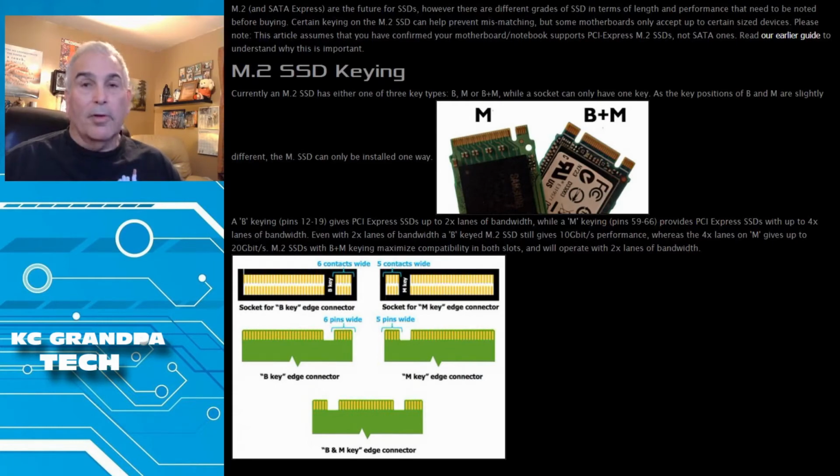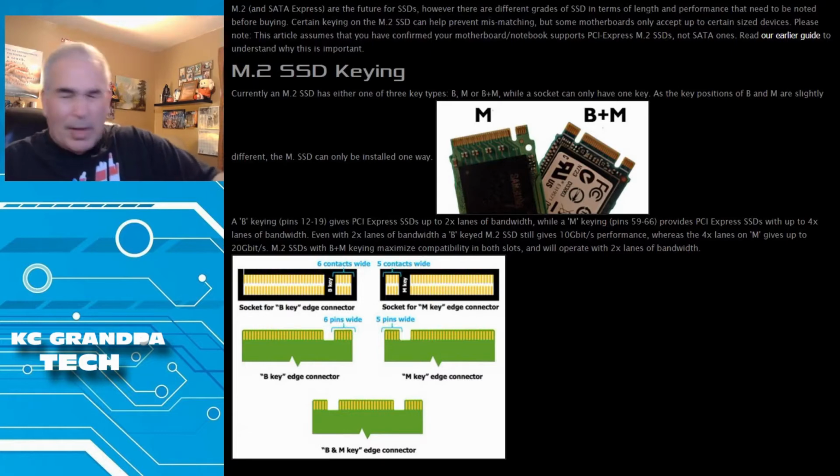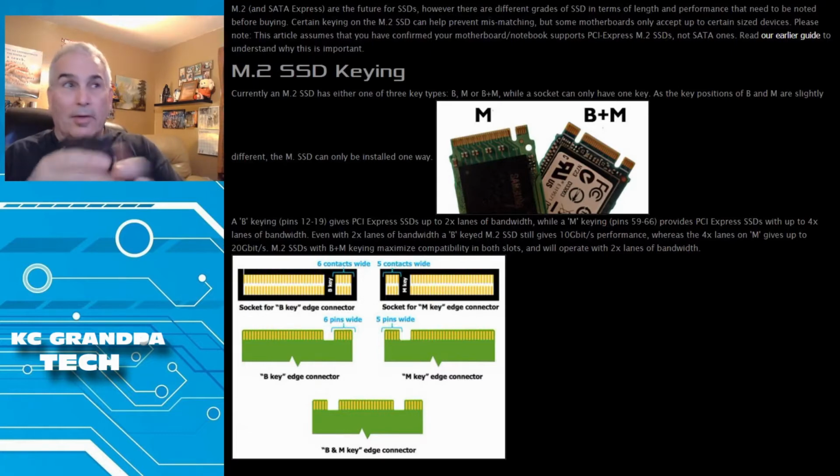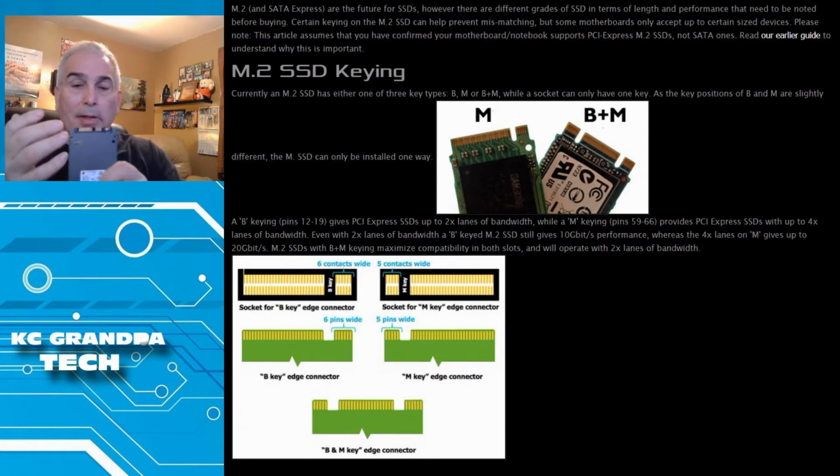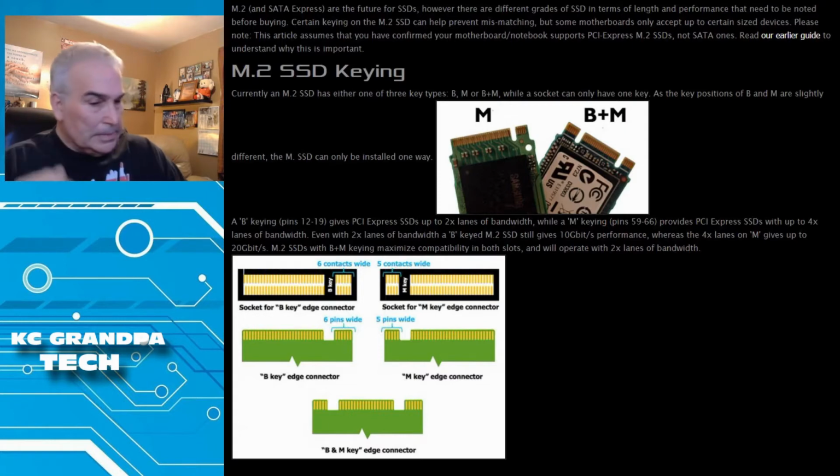M2 drives came out as an alternative to the larger SSD drives like this. And the bus was basically limited to 600 megabytes per second.